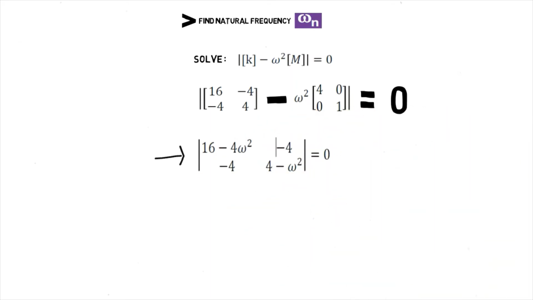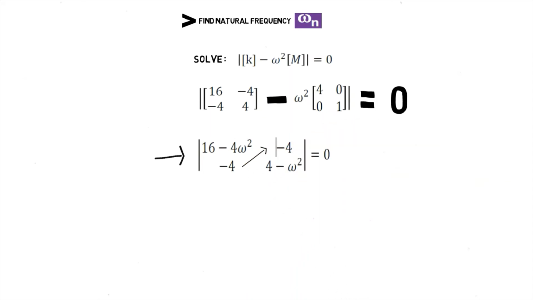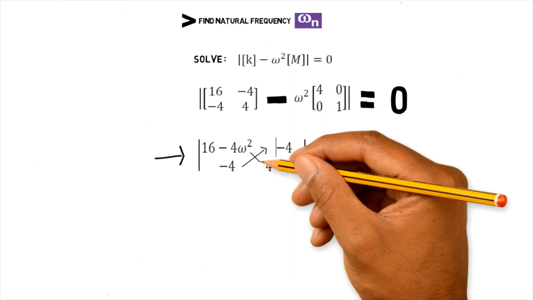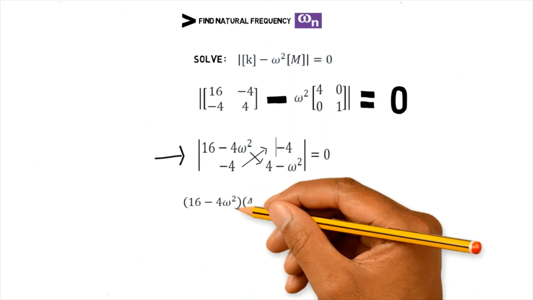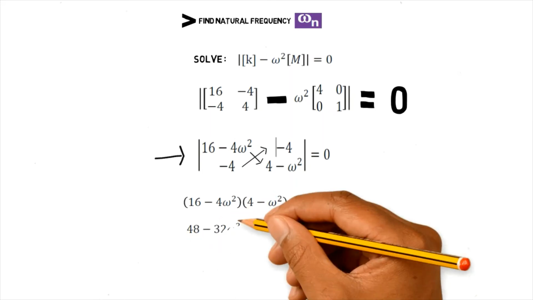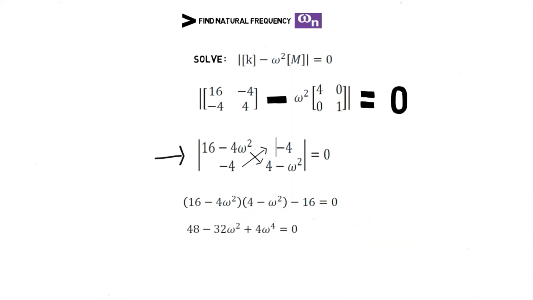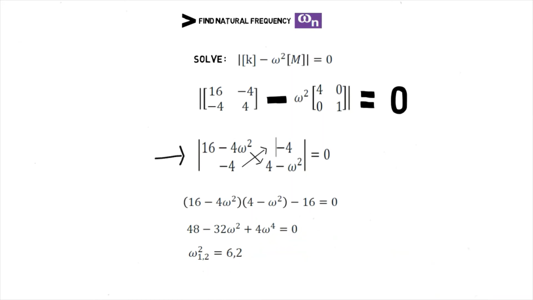The matrix is solved by using cross multiplication method. Finally, 2 natural frequency is obtained.